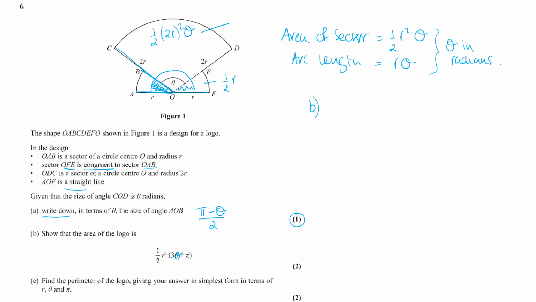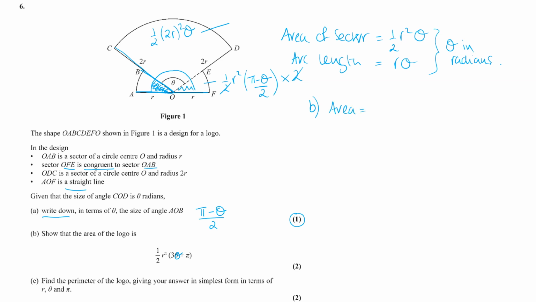The radius is r, but the theta is the thing we've just worked out. Pi minus theta all over 2. So we've just got to have 2 of them. So all of that expression, if we times it by 2, we can cancel with the half on the front, and we just need to add those 2 expressions together.